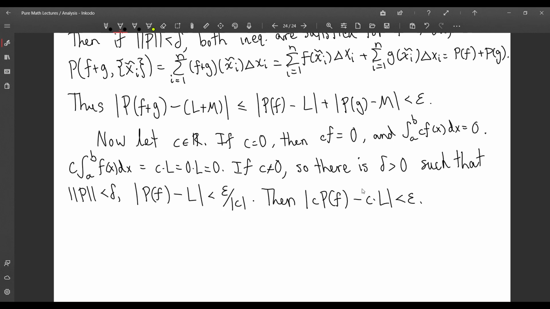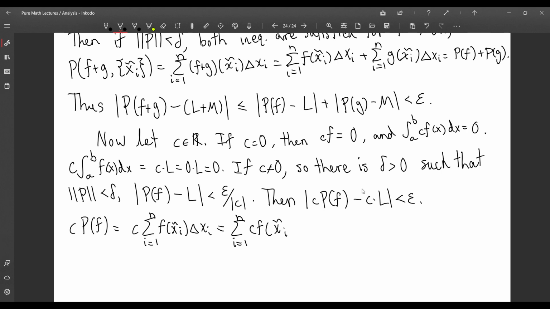And now we just need to show that c times P of f is equal to P of cf. And the proof is pretty straightforward again. We just write it as this, and if I multiply a sum by a constant, I can bring the constant into the sum.